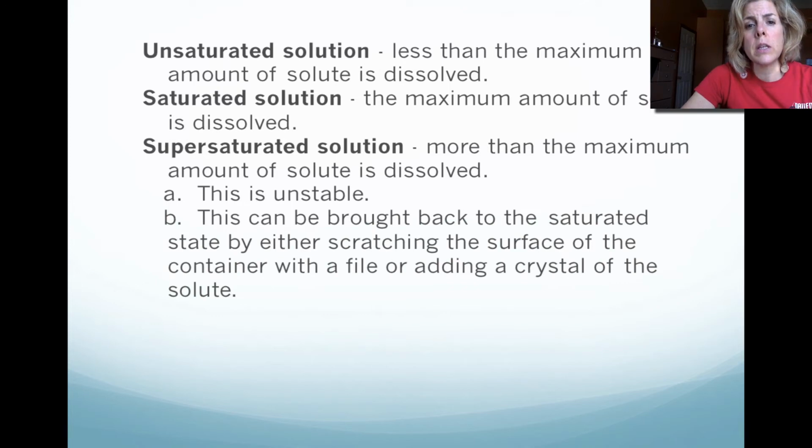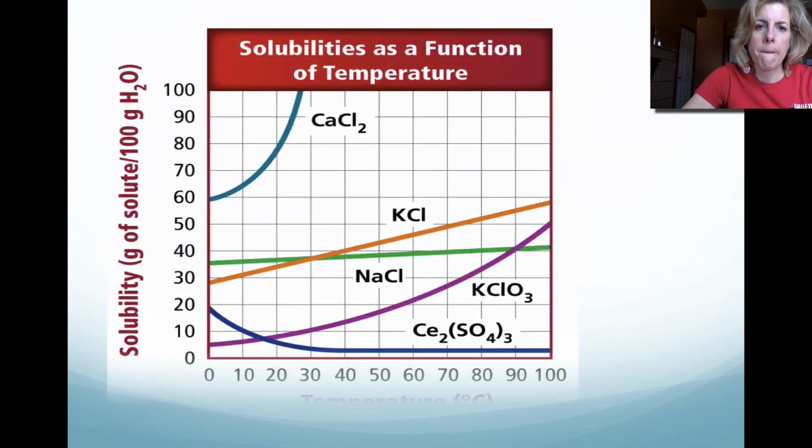You can get a supersaturated solution to come out of solution when you scratch the surface of a container. Sometimes just dirt or adding a crystal of the solute will cause it to come out of solution and almost form a suspension, not a solution.